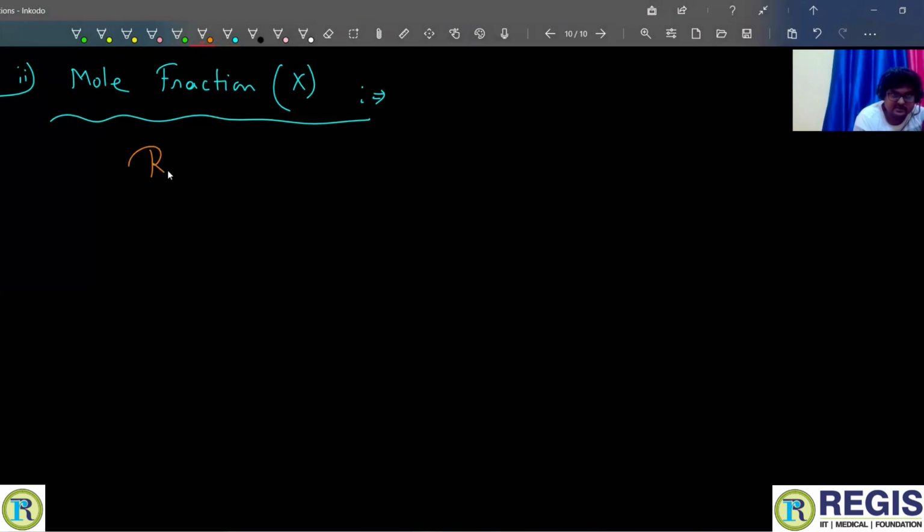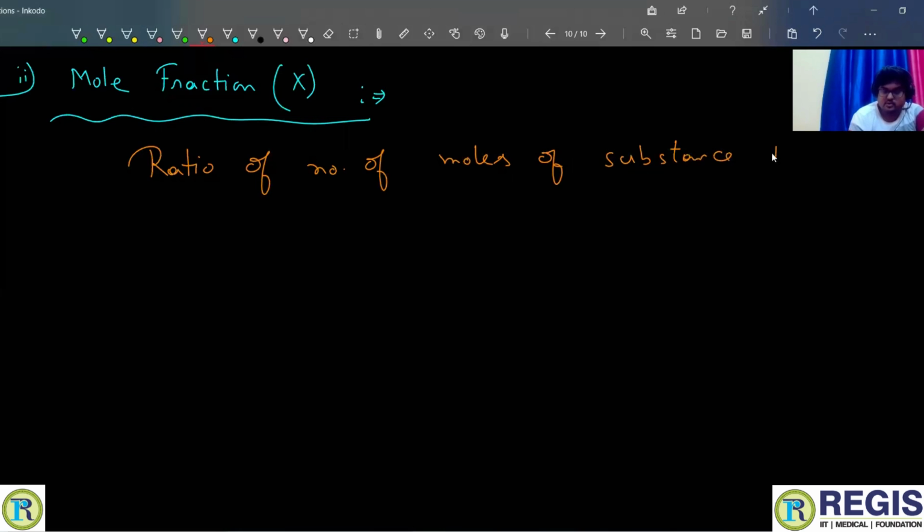If you write down the definition, it is the ratio of number of moles of solute, or moles of substance, whatever you can write, to the total number of moles.